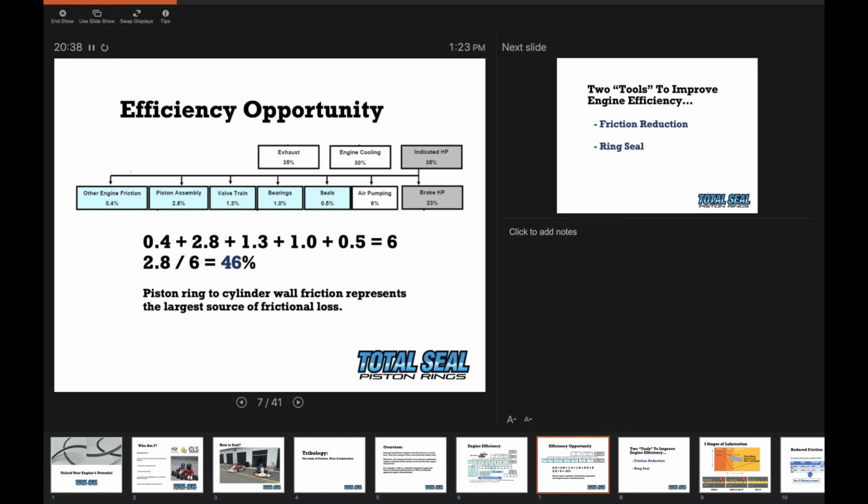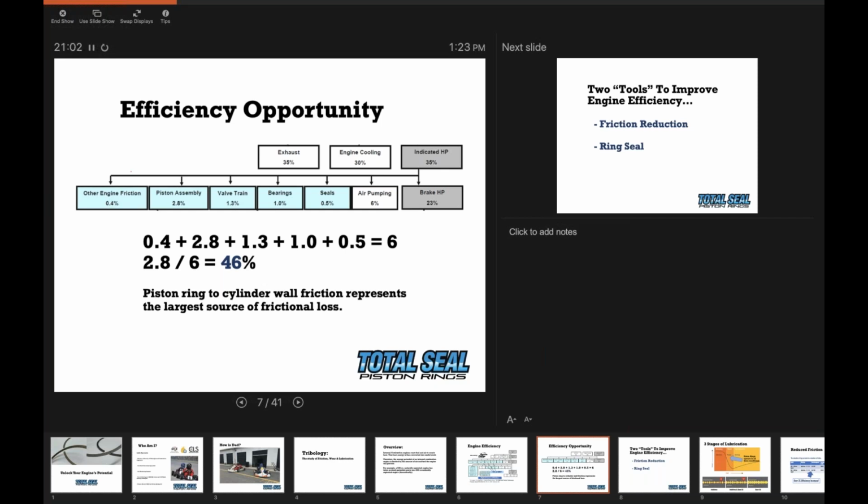So as a tribologist, guess what is the lowest hanging fruit in order to reduce friction and improve efficiency? The piston ring, right? That's why I'm so excited to be working at Total Seals, because as an oil guy, you have some part of that, but the biggest chunk is the piston ring.